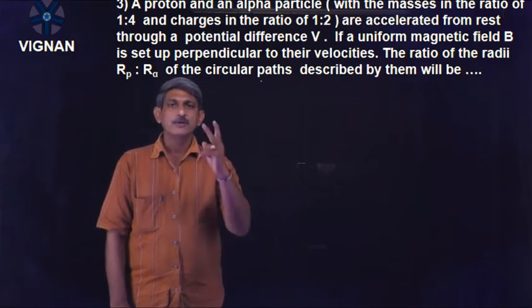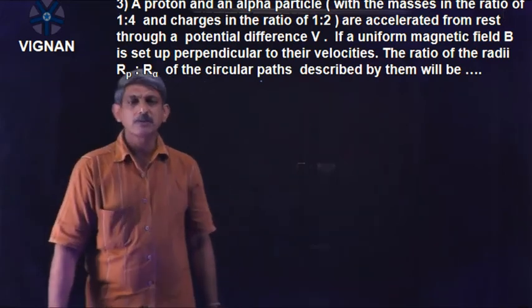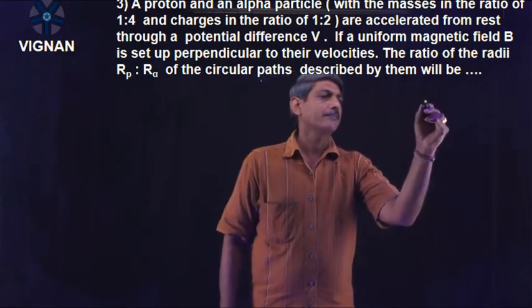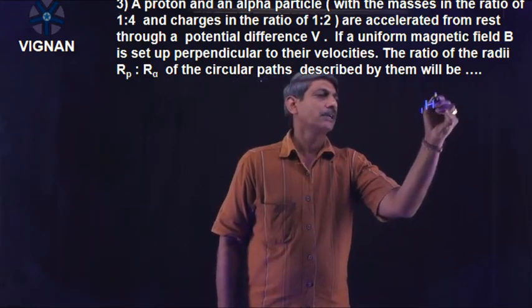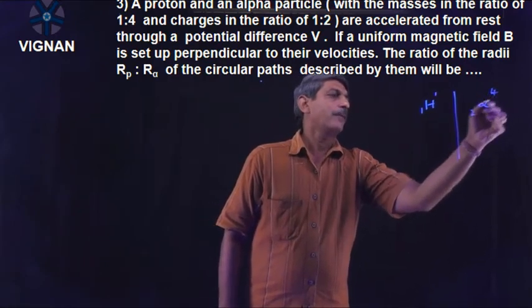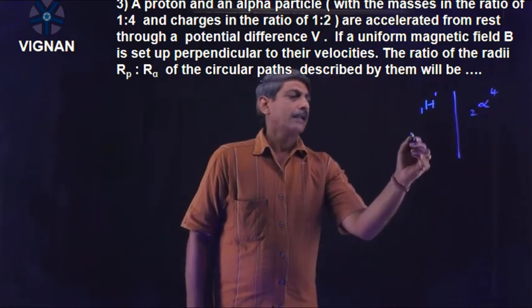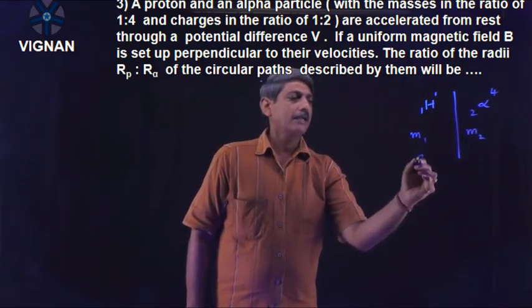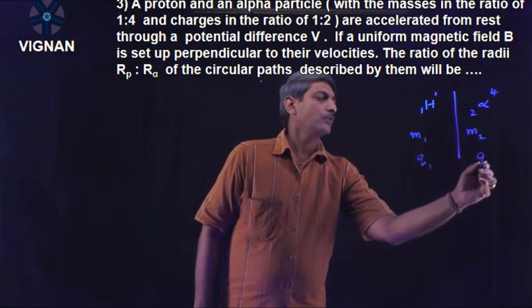Okay, here two particles are given for us in this problem. The two particles are proton and alpha particle. This is proton and this is the alpha particle. Let m1, m2 be their masses and q1, q2 be their charges.